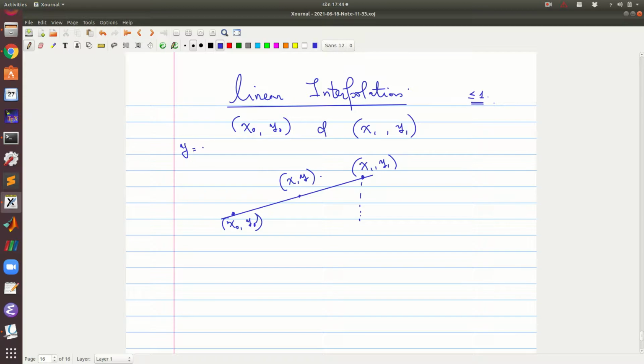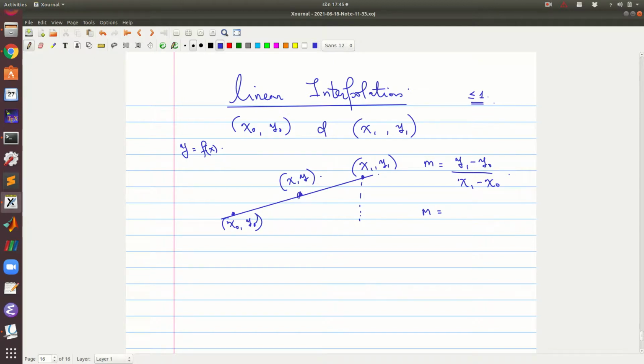Please bear in mind that y equals f of x, in case I use any of these interchangeably. Since this is a straight line, we can compute the gradient by taking the change in y divided by the change in x, and it should be the same for any other point on the line as well.